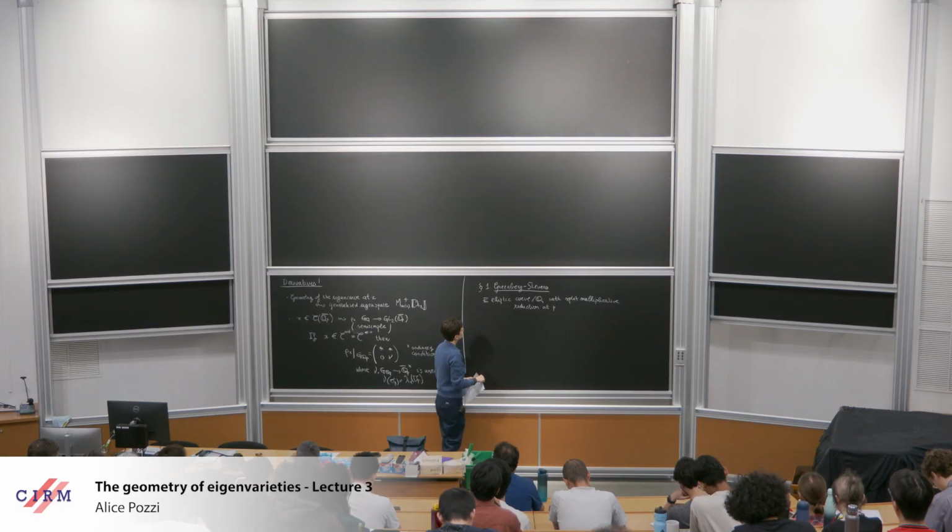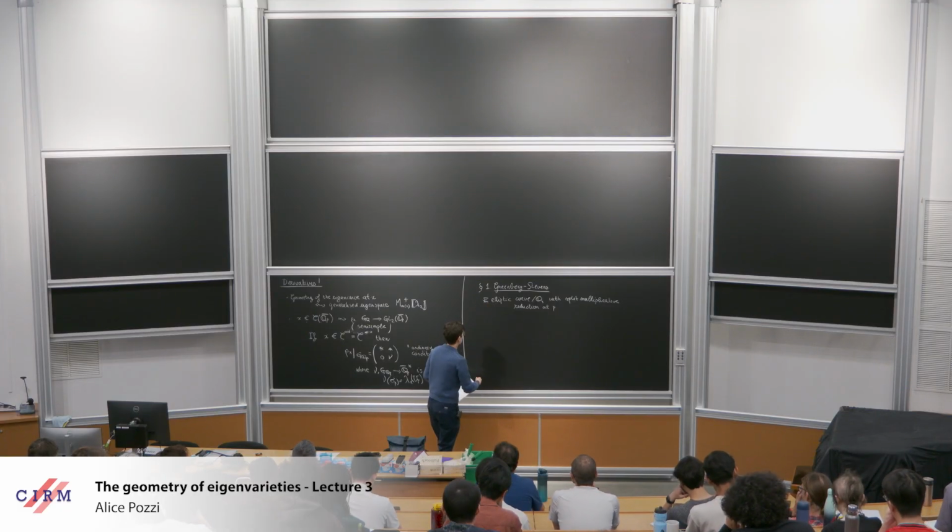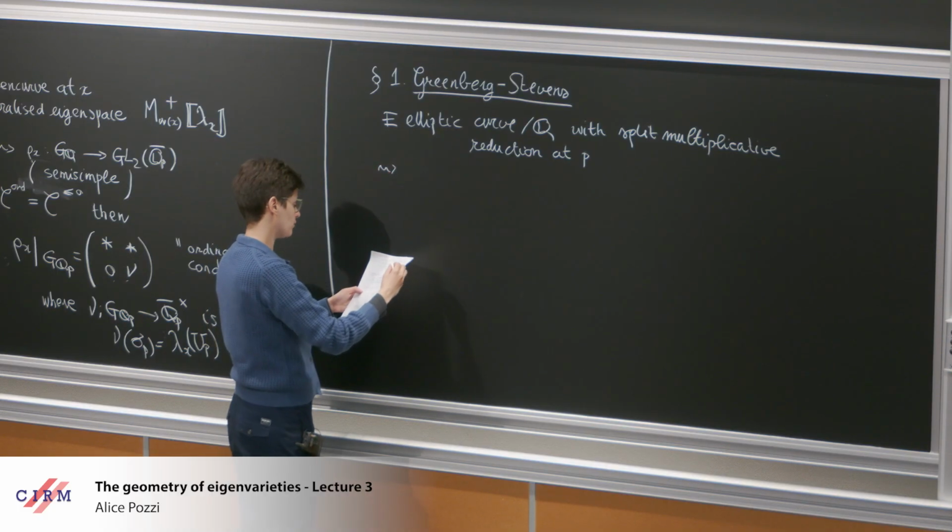The Tate module of this elliptic curve can be realized through a modular form.